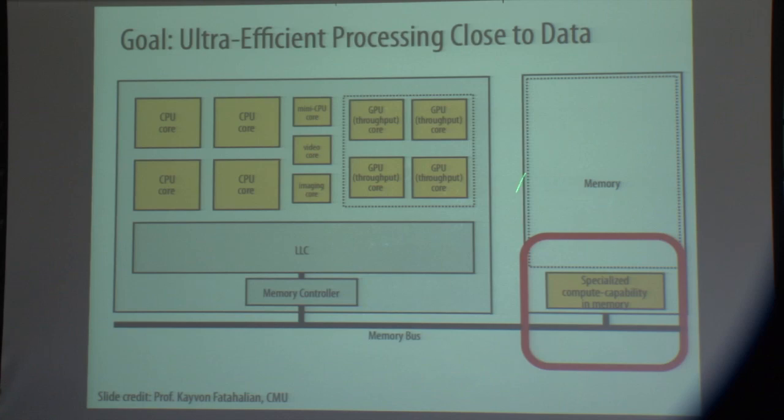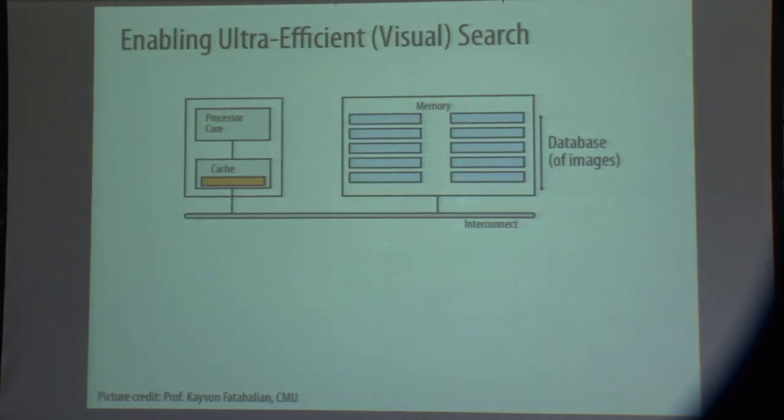Memory is an active computing component, not much different from the cores. And there are many applications that can be enabled by this, I think. One is ultra-efficient search. Today, if you want to search a huge database, let's say of images, you really bring the data all the way into the processor core, and you have all the downsides that we've discussed, similar to RowClone, right?